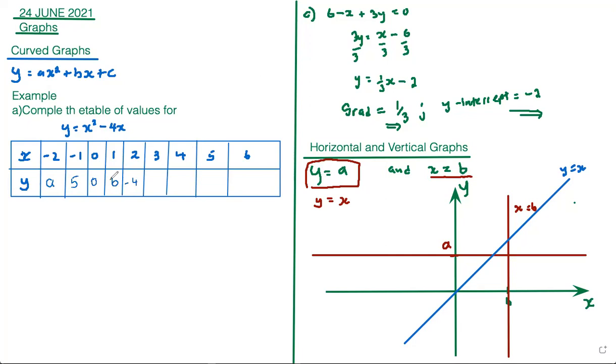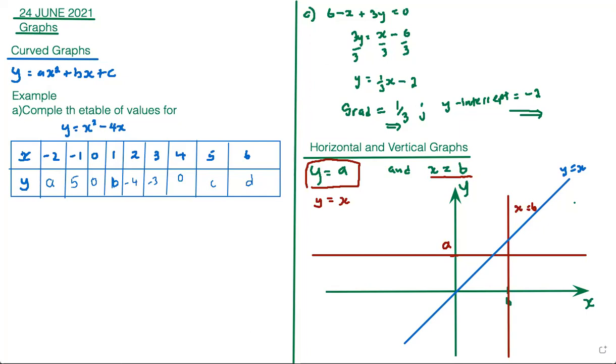And mind you, this is a B. It's not a 6. -4, -3, 0, a C, and a D. The first part is saying complete the table of values for that equation there. So they want us to calculate those values, right?